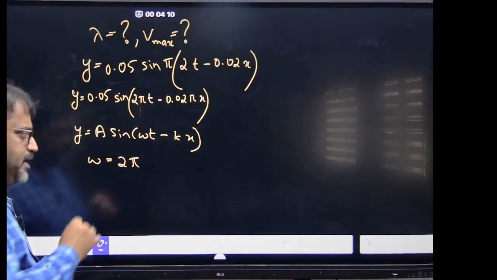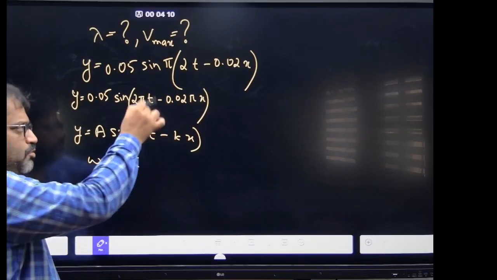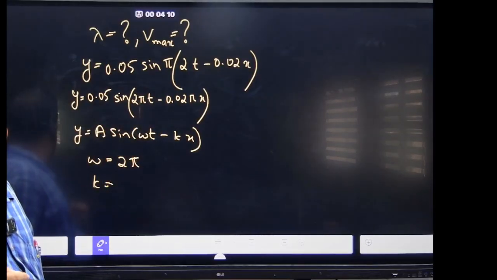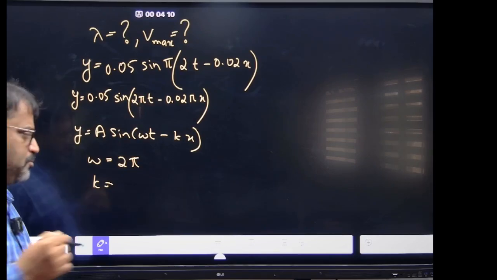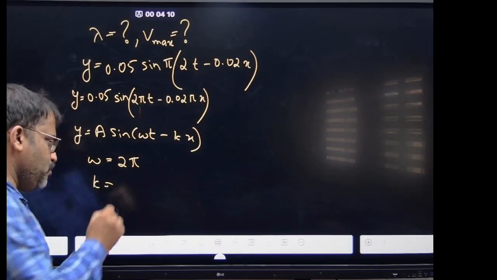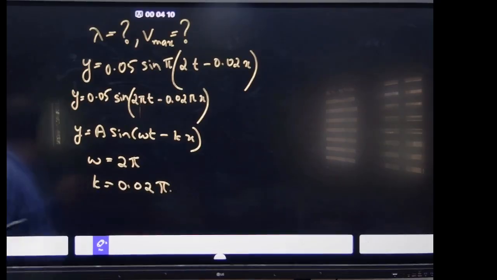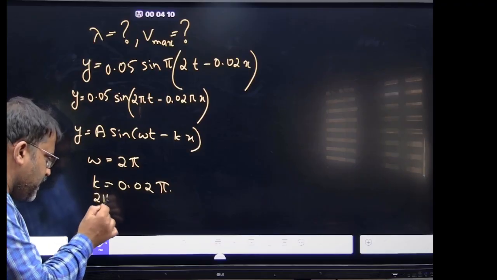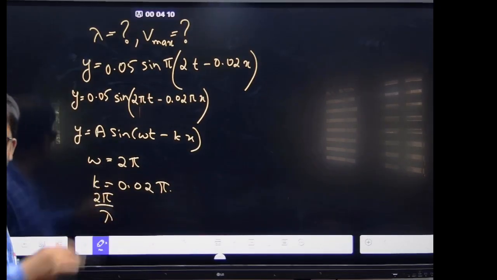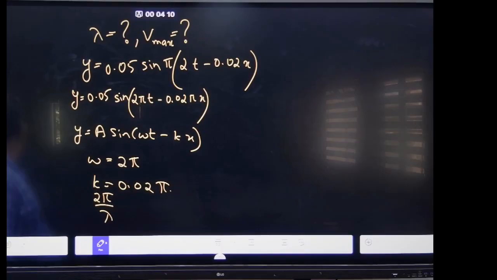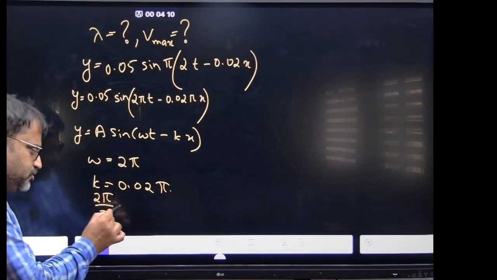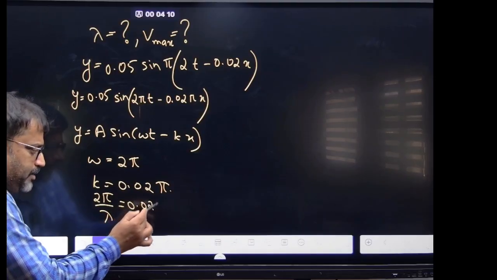And k is equal to, what is it, Buddha? 0.02 pi. Very good. Clear? Now what is this k? K is nothing but 2 pi divided by lambda, that is equal to 0.02 pi.